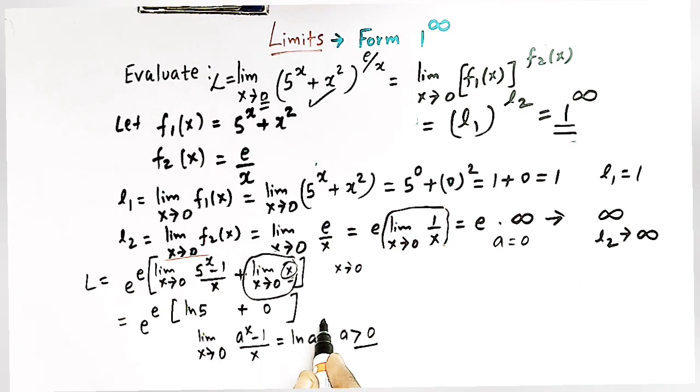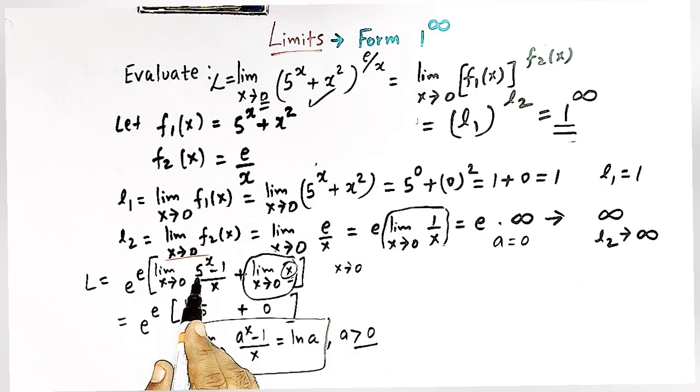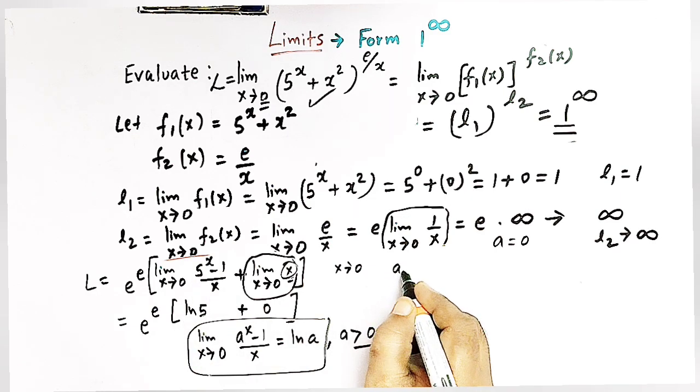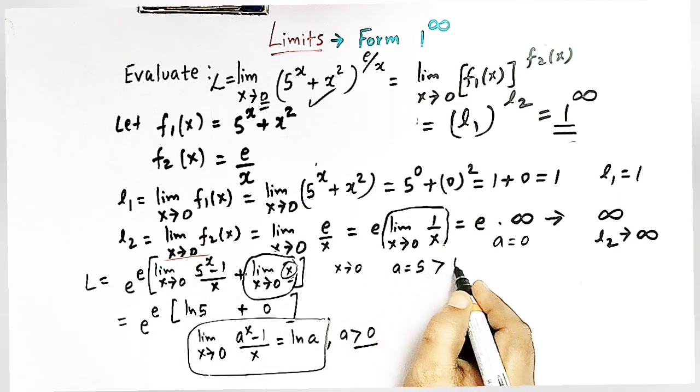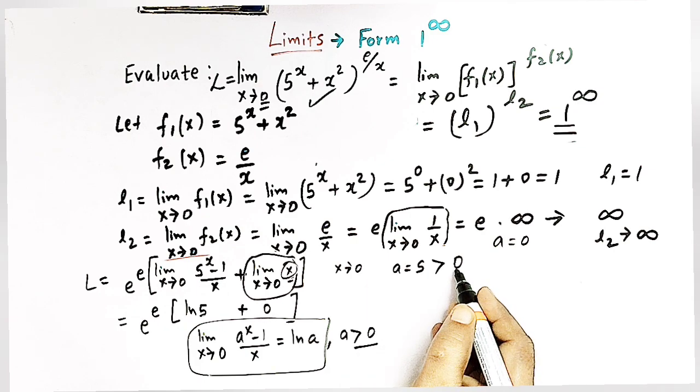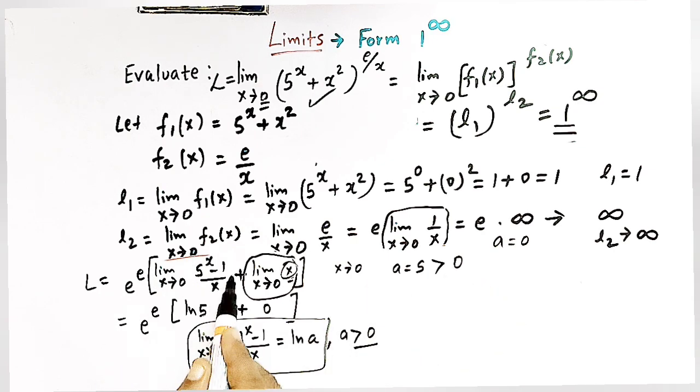Using this standard result from limits, here the value of a is 5, and 5 is obviously greater than 0. So the value of this limit is equal to natural log of 5.